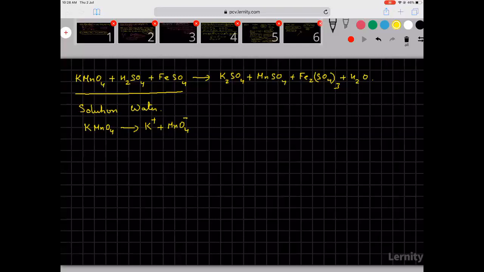Similarly, H2SO4 breaks to form H plus and SO4 2 minus. Similarly, FeSO4 breaks to form Fe 2 plus and SO4 2 minus.